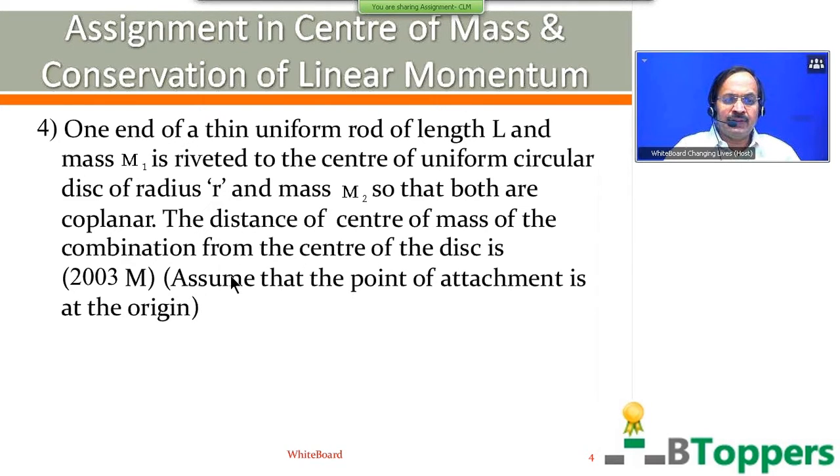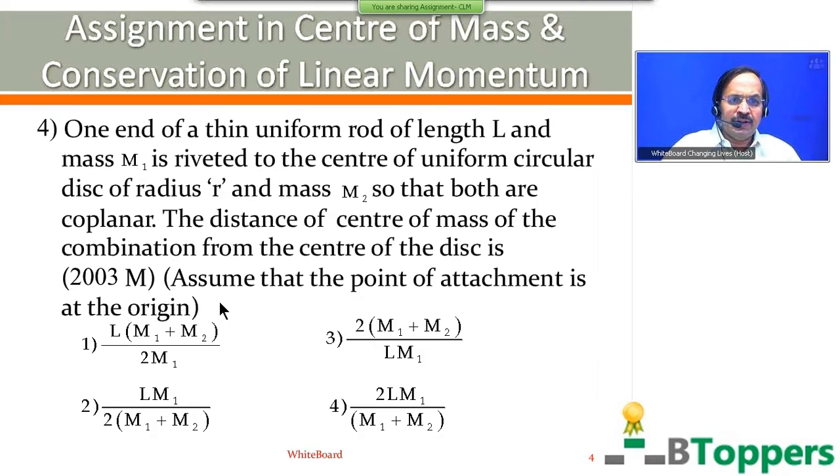The distance of center of mass of the combination from center of the disk is, within bracket, you have assumed that the point of attachment is at the origin. Come on, try to answer this question. This question was originally given in 2003 MCET exam in the medical entrance.